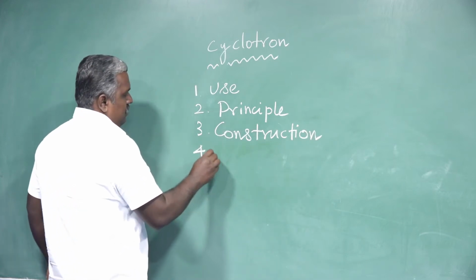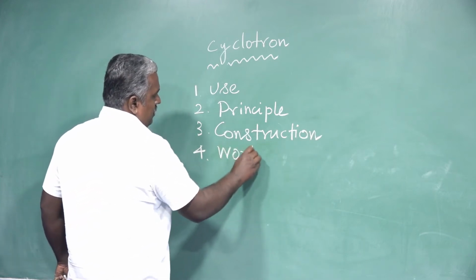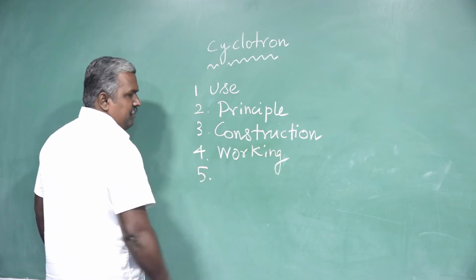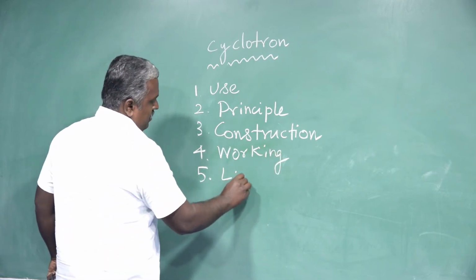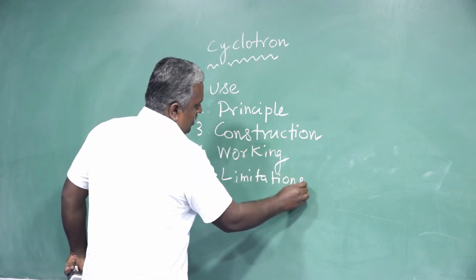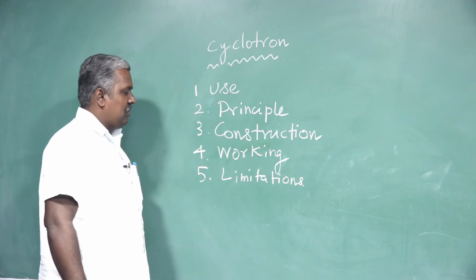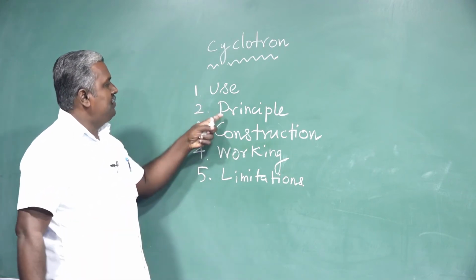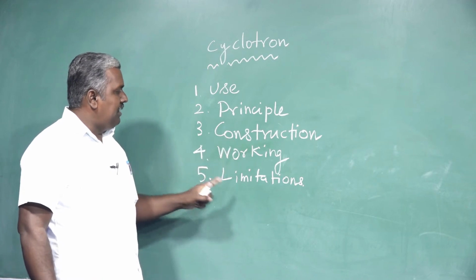Fourth one, working. And the fifth one, limitations of the cyclotron. 5 steps are there: use, principle, construction, working, and limitations.